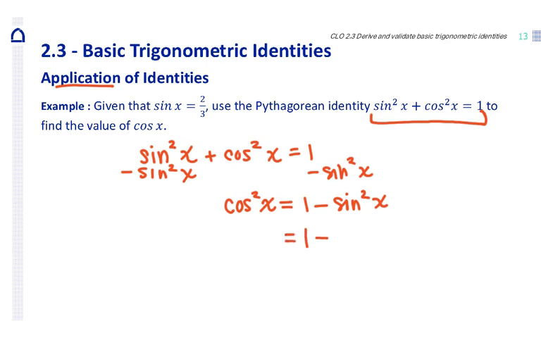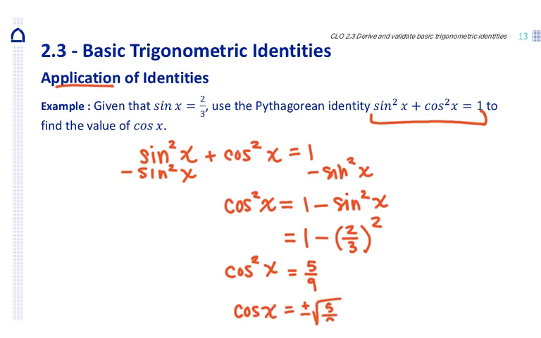Sine of x is 2/3, so that's 1 minus 2/3 squared. We get that cosine squared x equals 5/9. Now we can take the square root, so cosine of x equals plus or minus the square root of 5/9. So cosine x equals plus or minus the square root of 5 over 3.